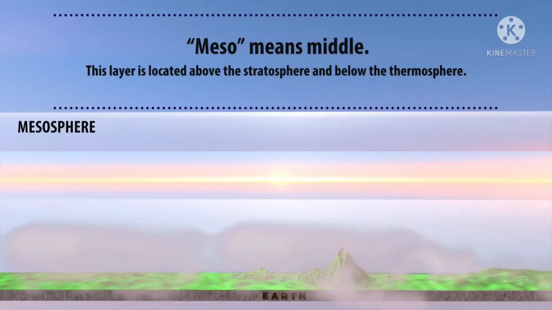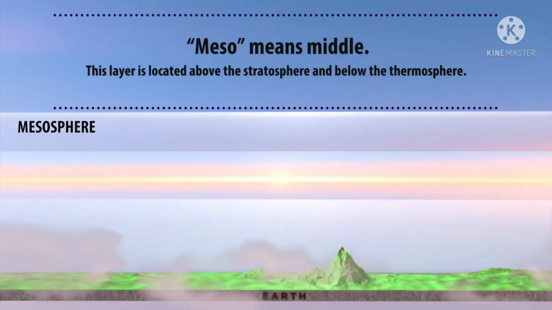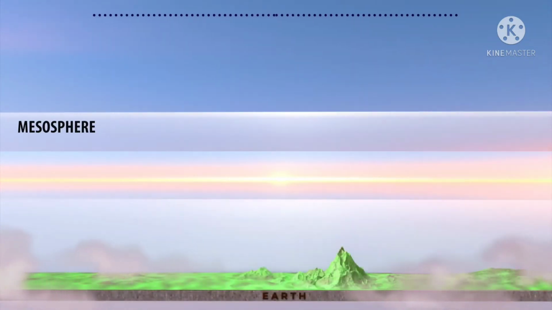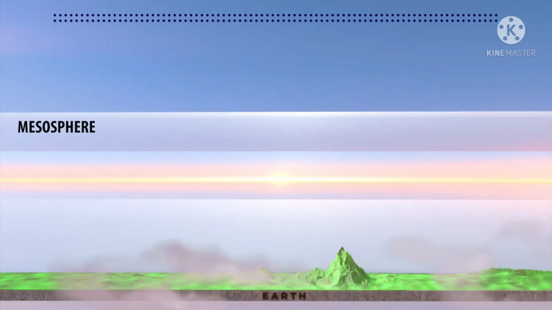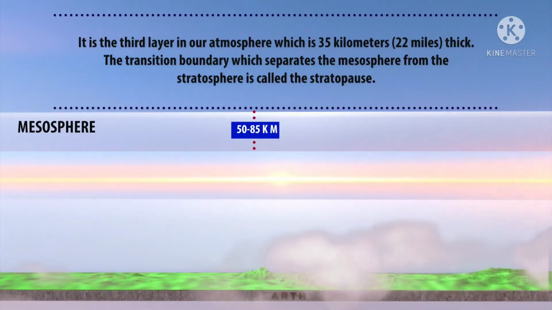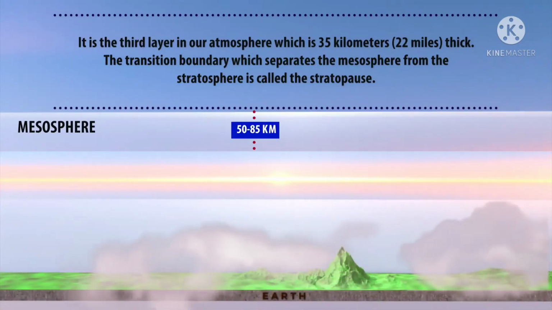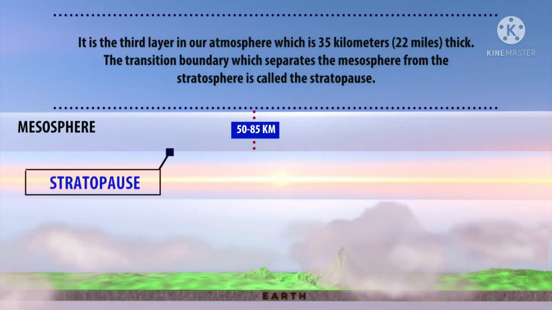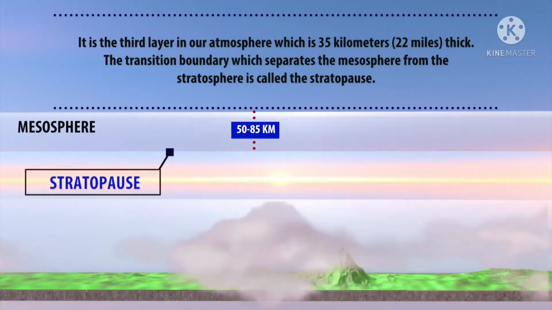Meso means middle. This layer is located above the stratosphere and below the thermosphere. It is the third layer in our atmosphere, which is 35 km, 22 miles thick.